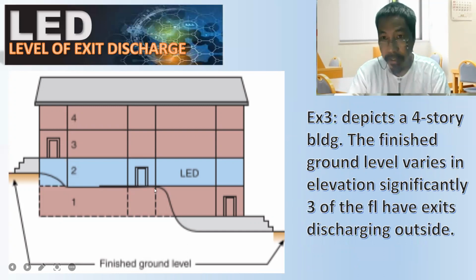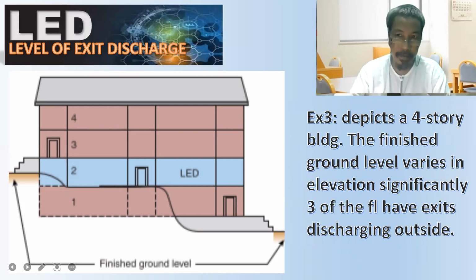Second floor. It doesn't have an elevation change actually. It is on the same level with the finished ground level outside the building. Here, there is use of stairs, so the elevation change is clearly observed here, also here.